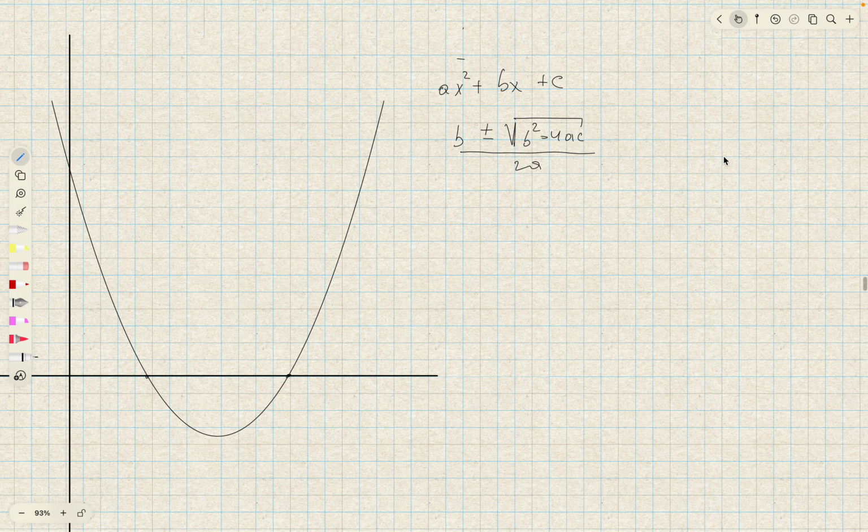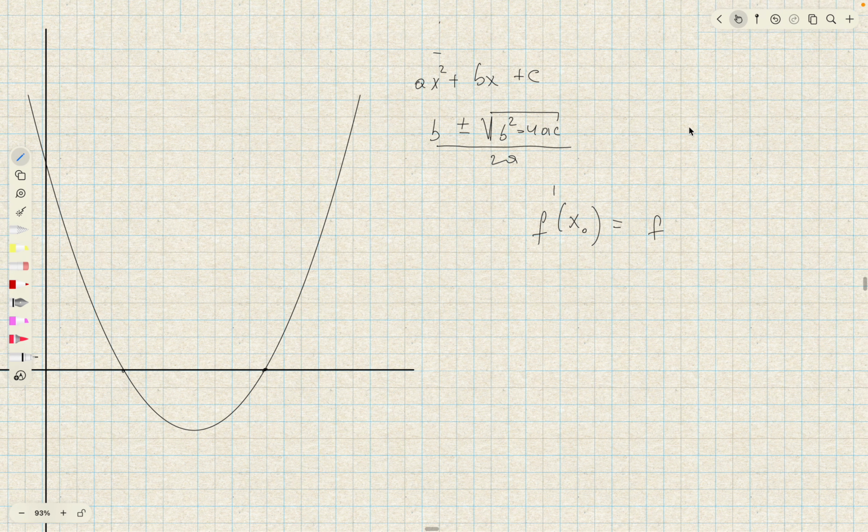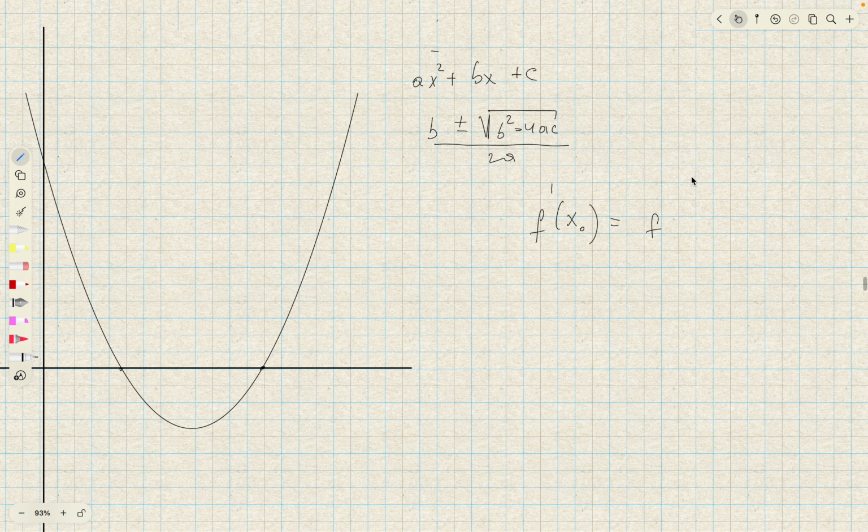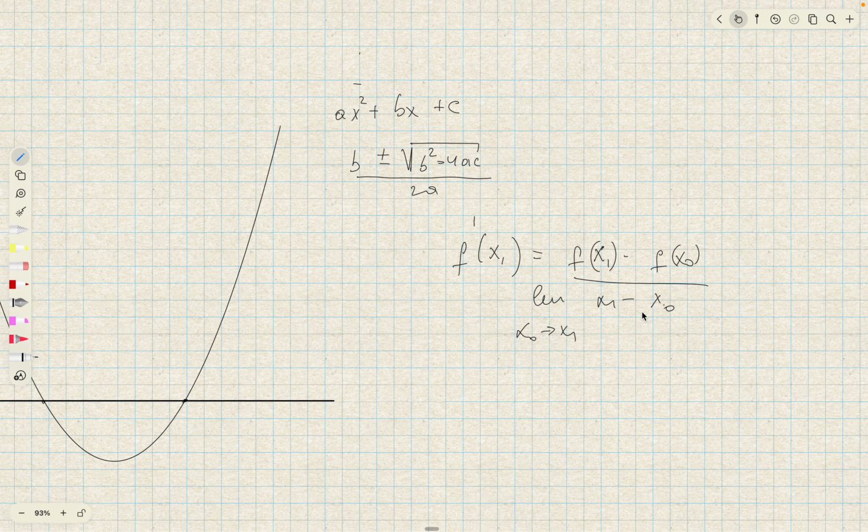When we calculate the derivative of a function at a point x0, we write it as f(x1) minus f(x0) divided by x1 minus x0, and we want to find where this approaches as x1 gets closer to x0. Okay, we know this.